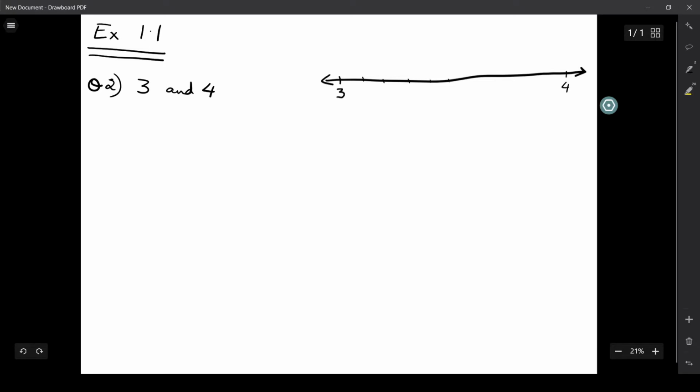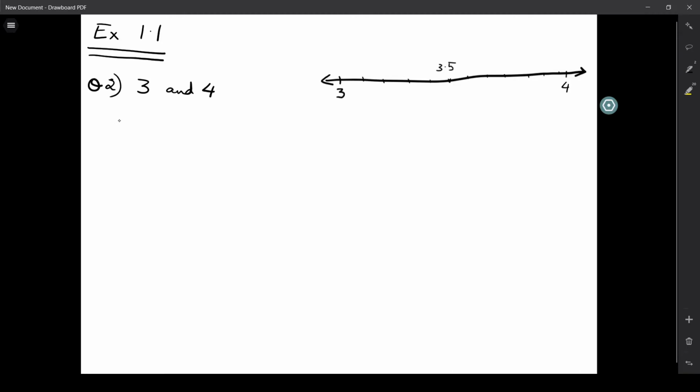Now we know that there are infinite number of rational numbers between these two numbers. And the question is asking us to find any 6 of them. So let's say the midpoint over here. Midpoint of 3 and 4 would be 3.5. Right? Now that's a rational number.